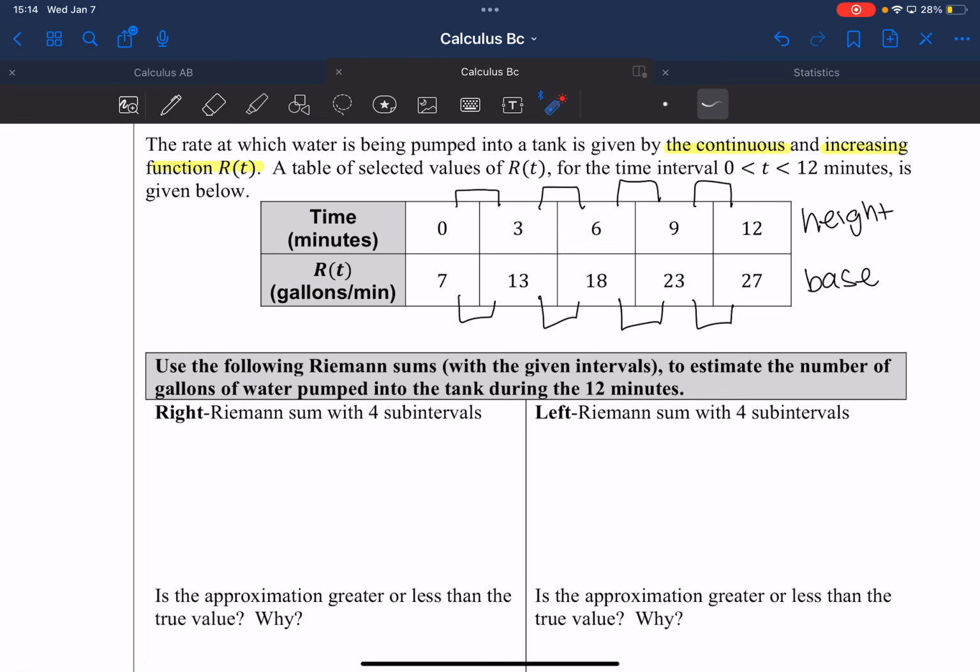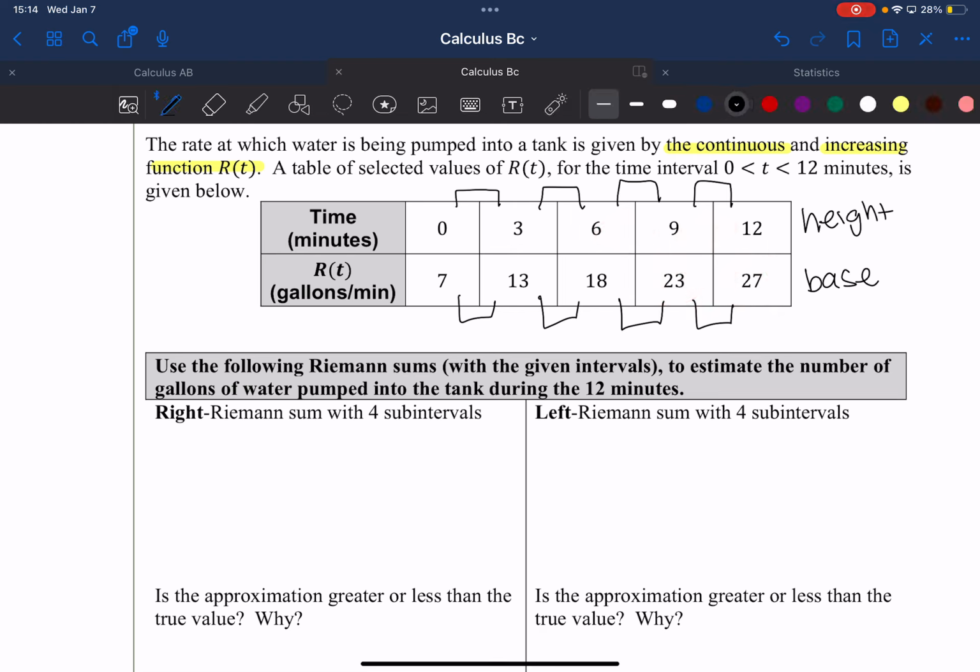When we do that, since it's a rectangle, we know we're going to do base times height. Okay? So that means since it's a right Riemann sum, we're only going to look at the right number. So if we're going from 12 to 9, that means we're going to multiply that by 27. Okay, 9 to 6, multiply that by 23. It's everything on the right of the interval.